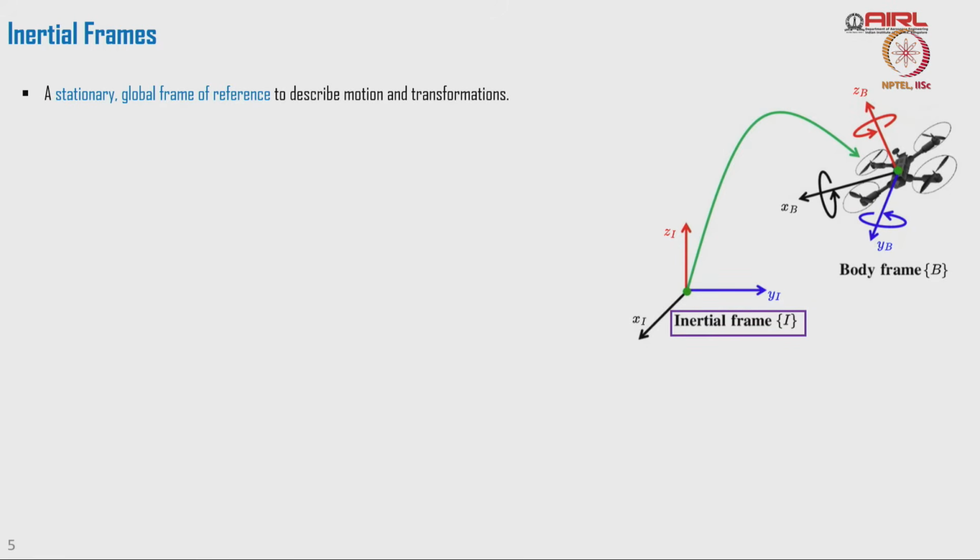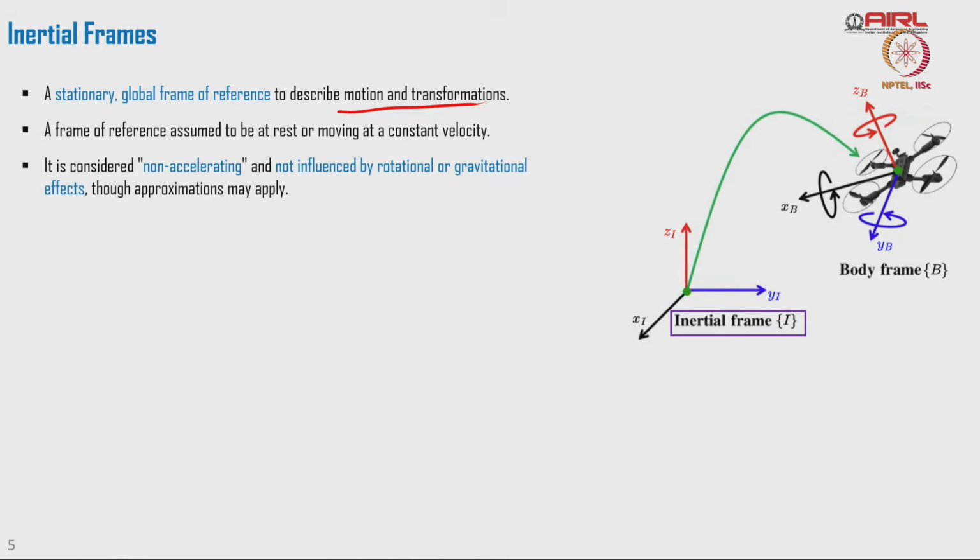The inertial frame, as I mentioned, is a stationary global frame of reference which is usually used to describe motion and transformations. It's a frame of reference assumed to be at rest or moving at a constant velocity, right. What we call a non-accelerating frame.